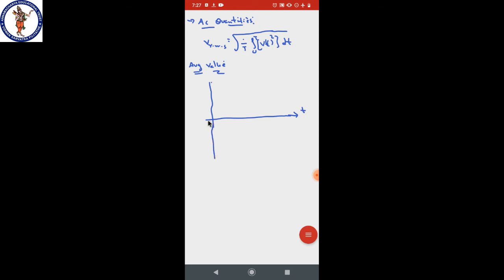Suppose this is a time period. I will draw one waveform here. This is the waveform. Here this area will be A1, and this area will be A2.